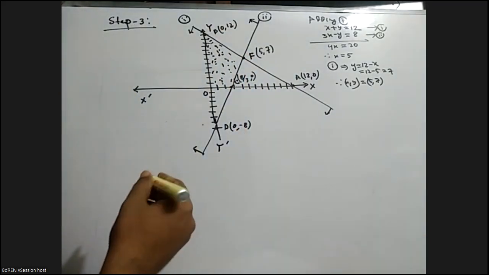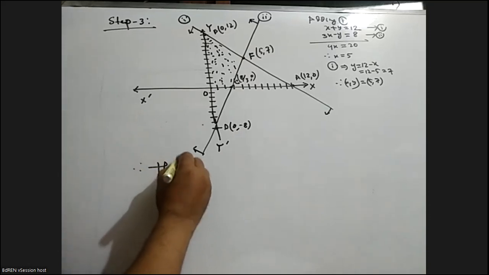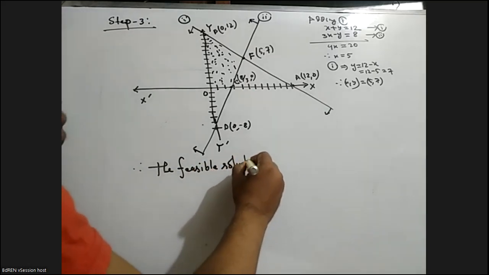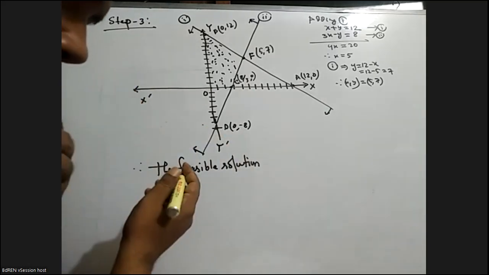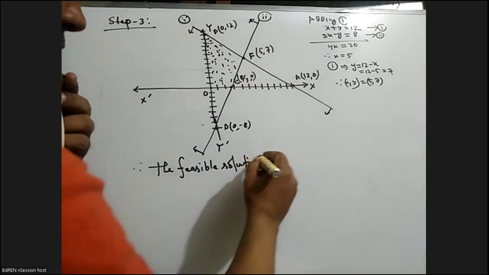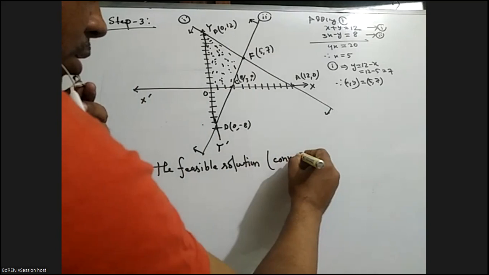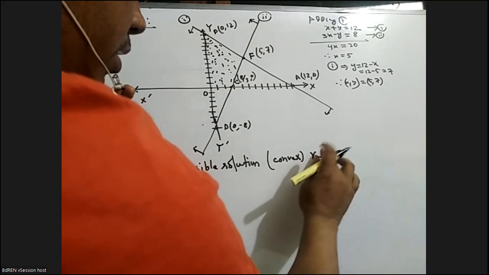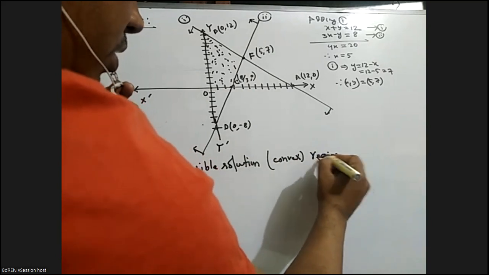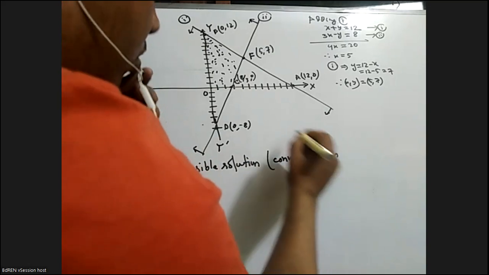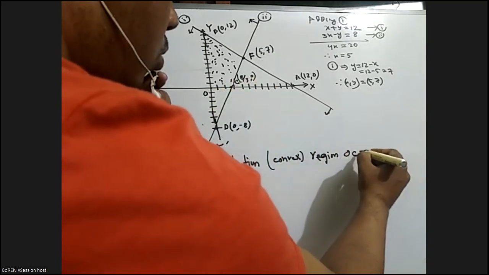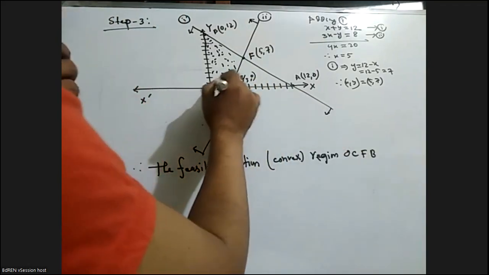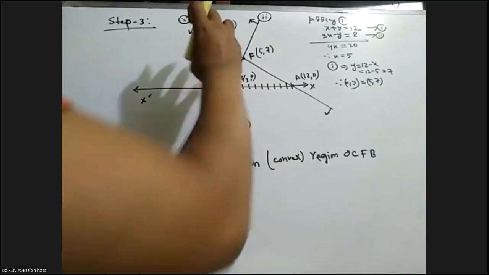So the feasible solution, or convex region, will be OCFB. These corner points will make this common region.